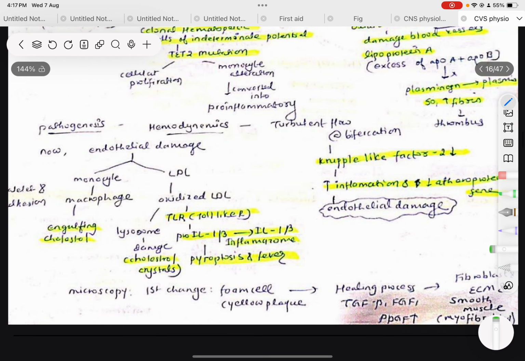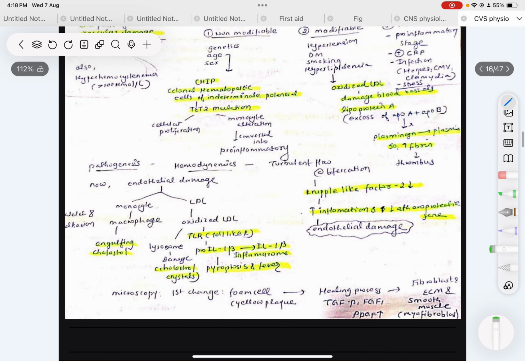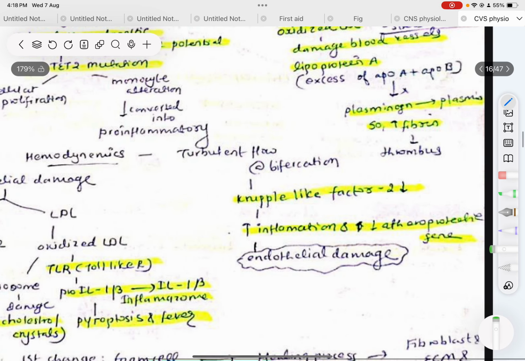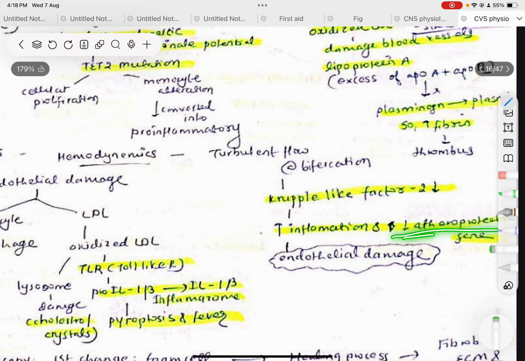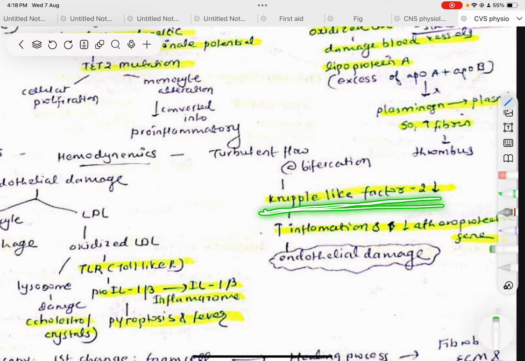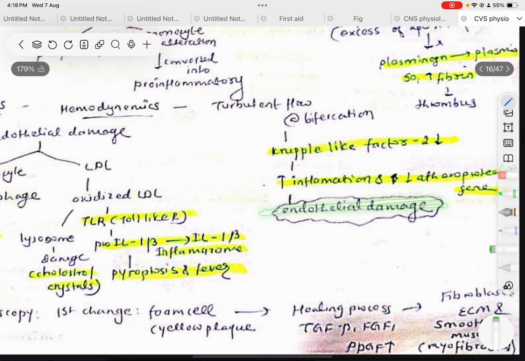So at the bifurcation there is Kruppel-like factor 2 will decrease. It will lead to increased inflammation and decreased atheroprotective genes. So these atheroprotective genes will decrease and inflammatory markers will increase due to this Kruppel-like factor 2 decrease.